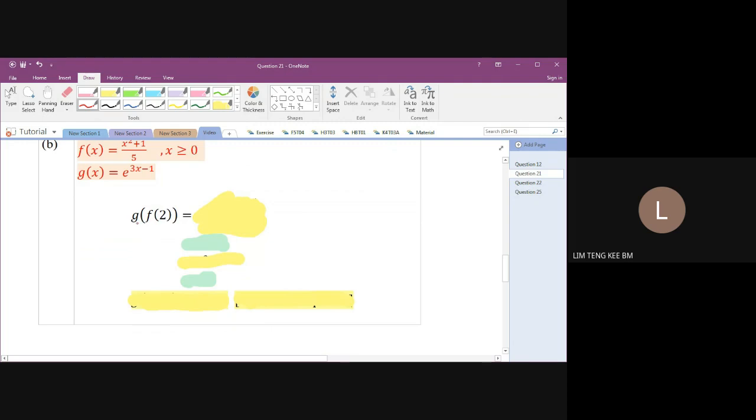So I have GF(2). How can we interpret this? GF(2) can be interpreted as substituting F(2) into the function G. And I can have the result as e to the power of 3 times F(2) minus 1.